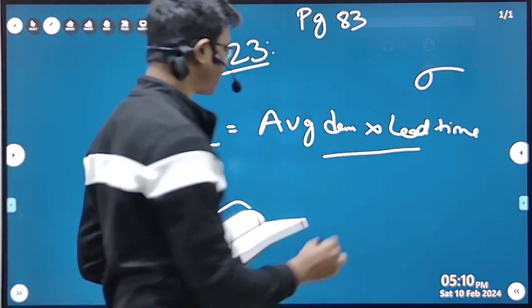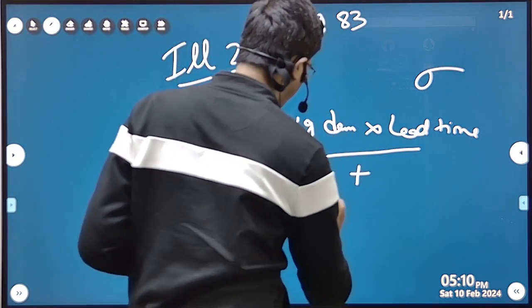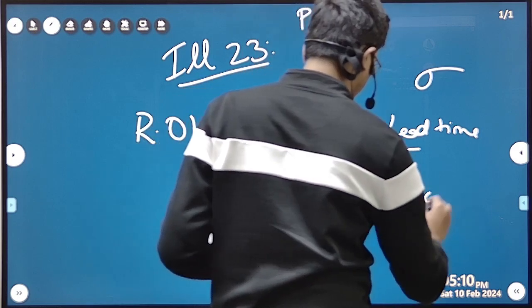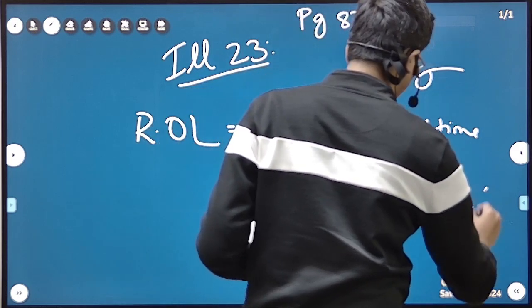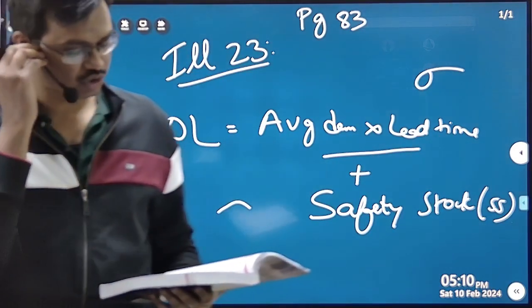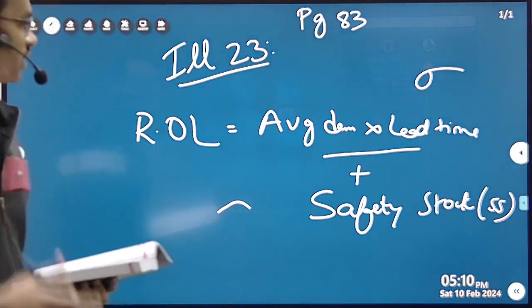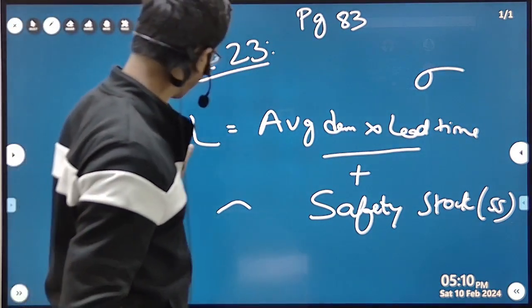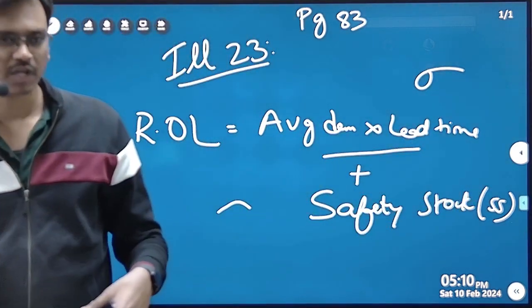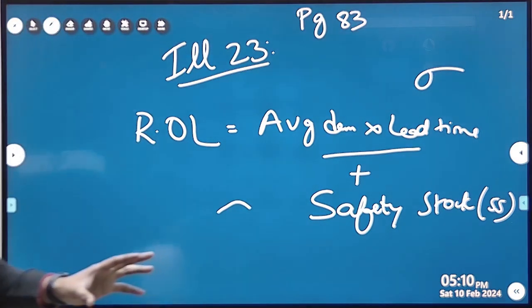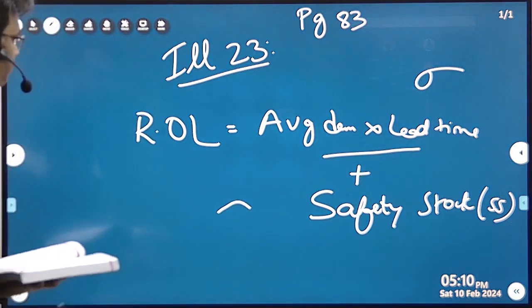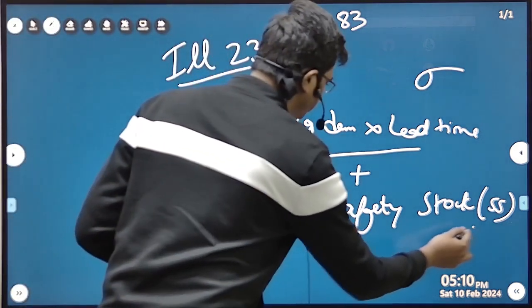So sometimes there will be something called a safety stock. Sometimes the management wants to keep a safety stock so that if you order your quantity at the reorder level and it doesn't reach on time, we will still have raw materials for the production activity.